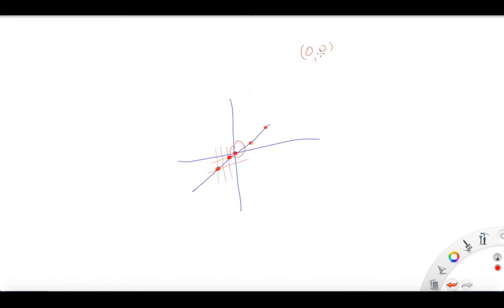And then you're just going to find other spots on here, whether it's negative 1 and 2, or let's say, I don't know if this is right, but let's say it went over 3 and went up 3. So it would be positive 3, positive 3. So that would be 3 points that we found on this line.